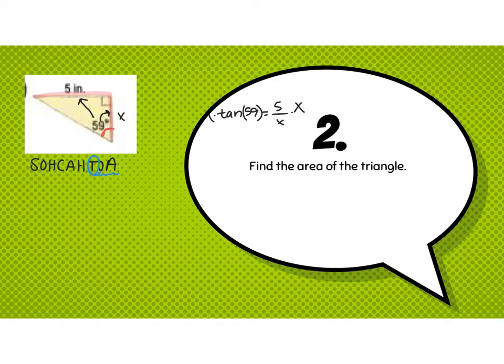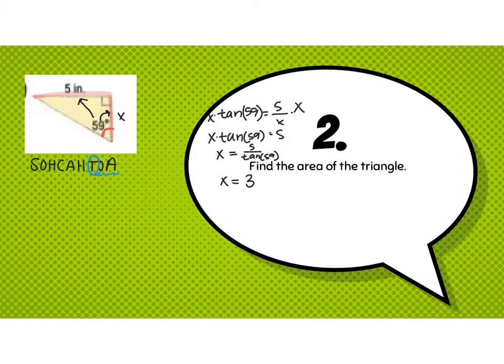We're going to solve for x. So we have x tangent 59 equals 5, which then means when we divide by tangent 59 on both sides, we have 5 divided by tangent of 59. x equals 3.